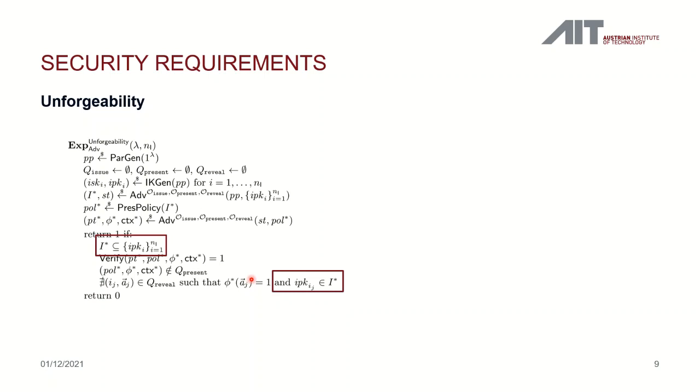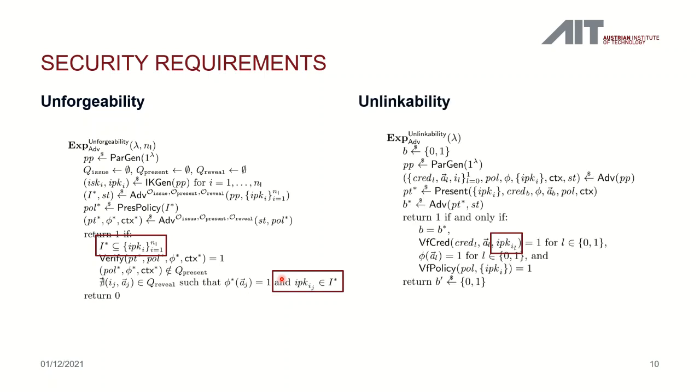The subtle difference in the definition is that we simply need to check that all the issuers that are involved in the winning conditions are honest and have not been controlled by the adversary. Similarly, for unlinkability, the adversary outputs two credentials and attributes of his choice together with the corresponding issuer public keys, and then receives a presentation token for one of those credentials.